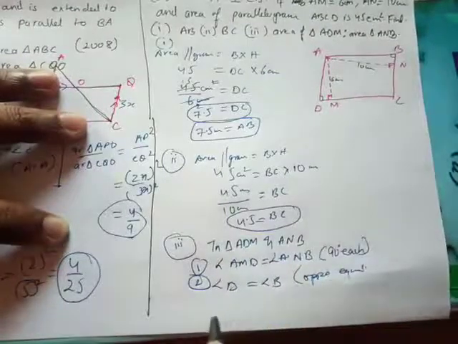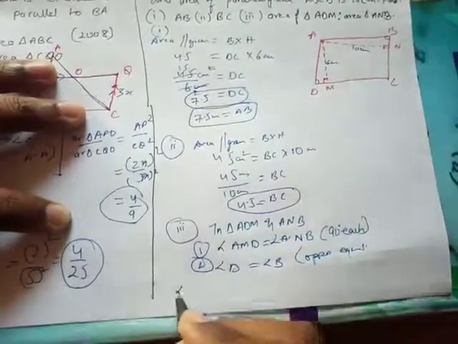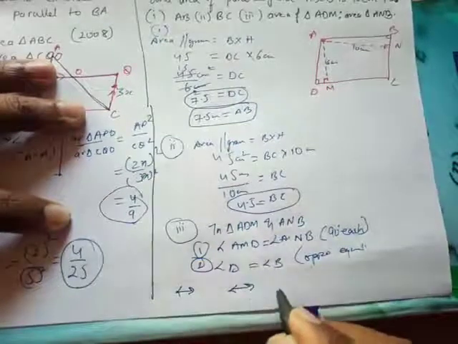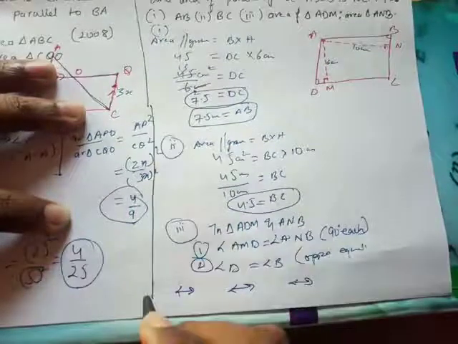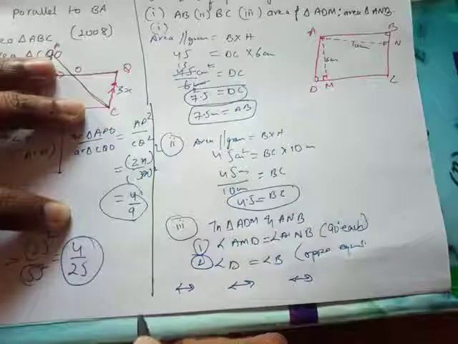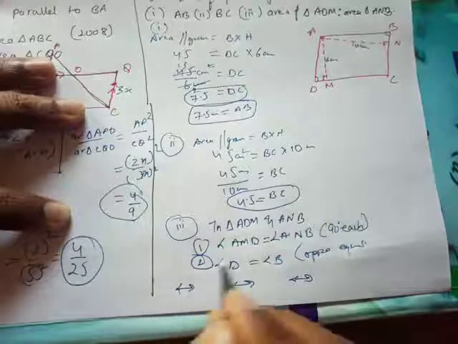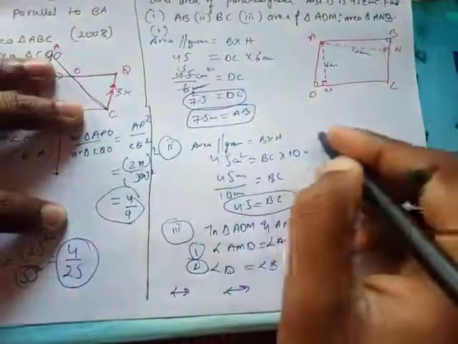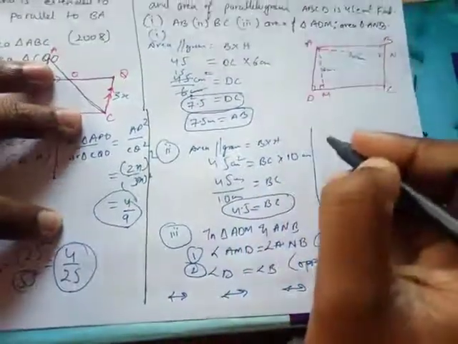Okay, now what's going to happen over here? I'm going to write the corresponding sides, the 3 corresponding sides. Or even if I don't write, I know both the triangles are similar, and I'll directly find the ratio of areas.